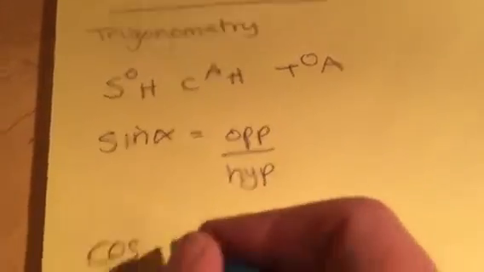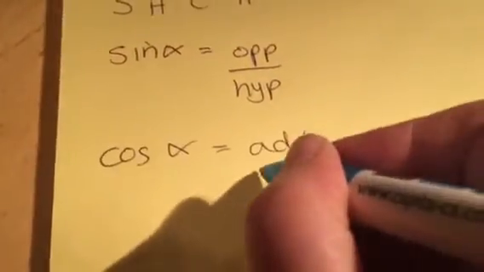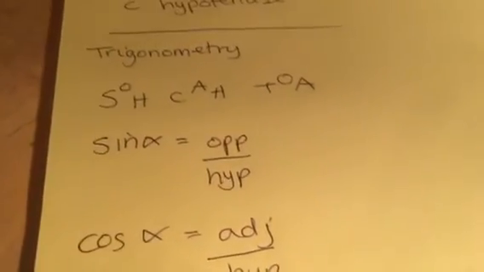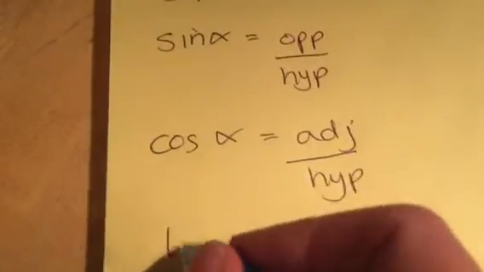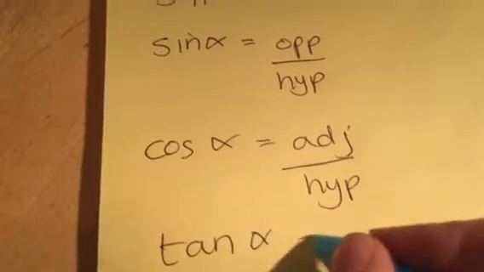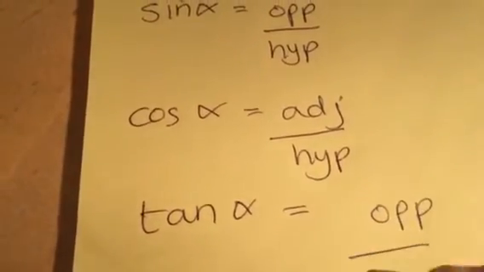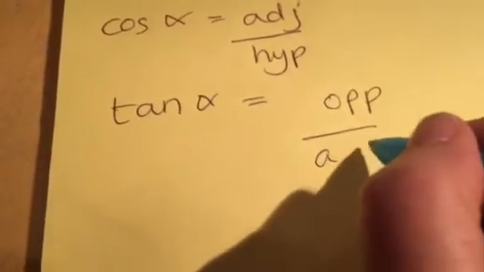Cos alpha is the adjacent over the hypotenuse. And finally the TOA one, which is tan alpha equals opposite over adjacent.